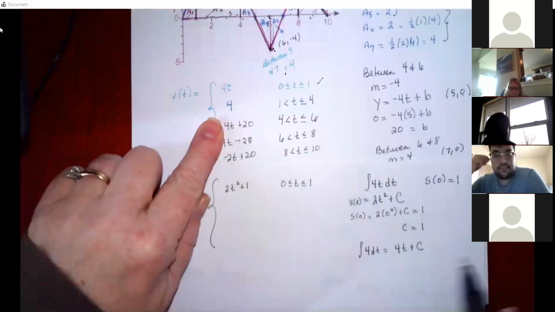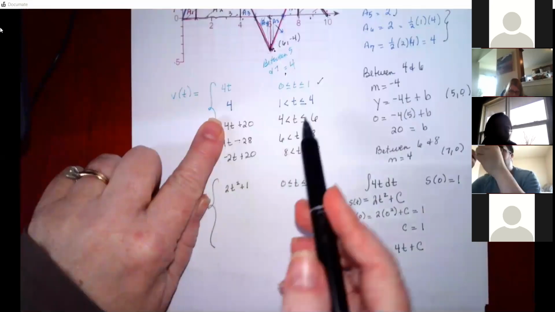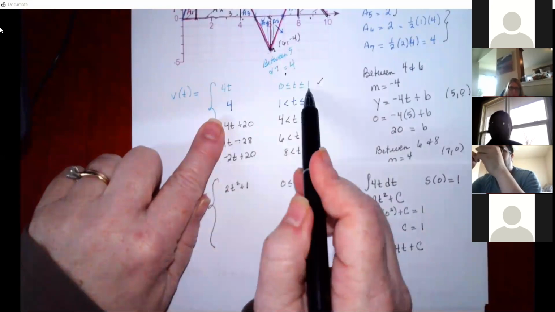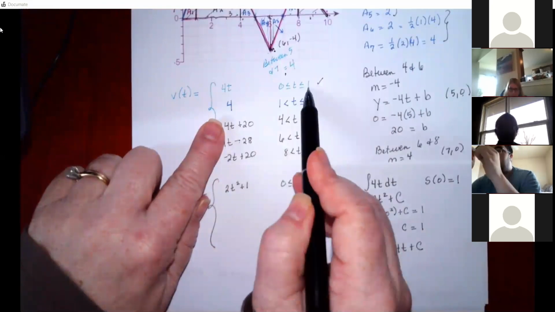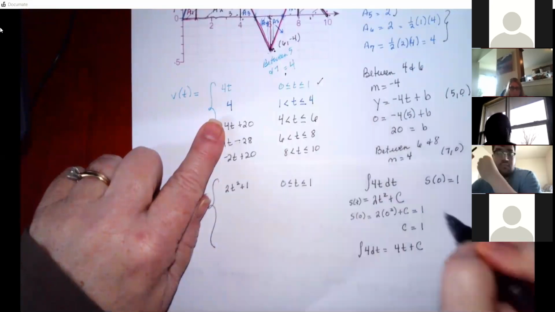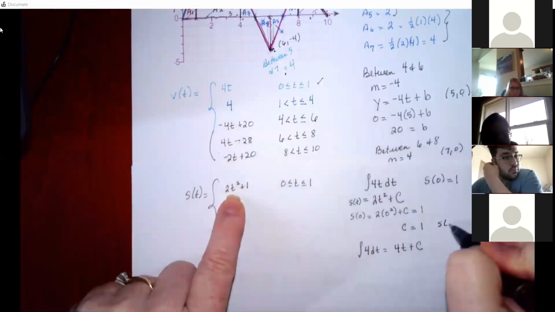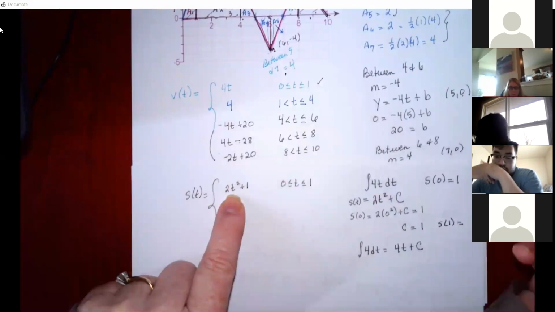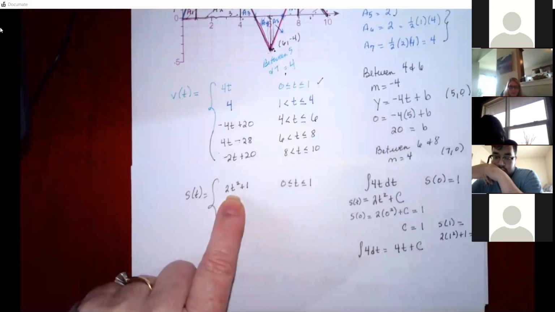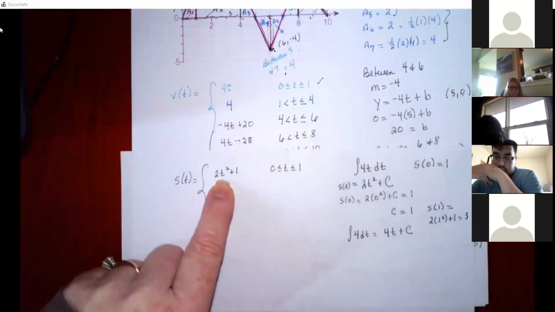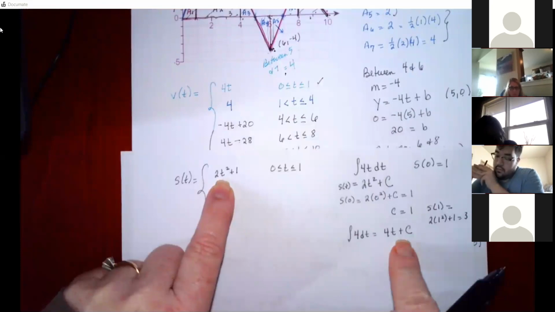So to find an appropriate constant, I'm going to evaluate the previous position function at the right-hand endpoint. So S of 1 here will be 2 times 1 squared plus 1, which is 3. And I'll use that value to find the c here.